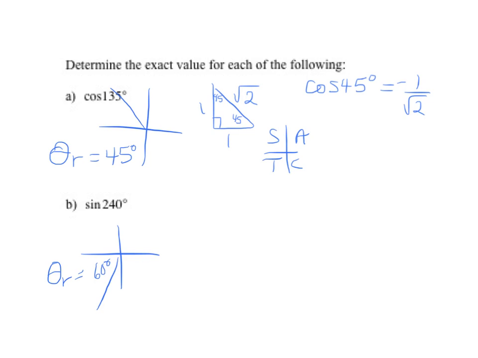And it's 60 degrees. So we need the other special triangle. This special triangle for this one looks like this: 1, 2, root 3 with 60 degrees down here and 30 degrees up there. You have that on your paper, but that's what it looks like. So we want to find the sine of the reference angle, so sine of 60 degrees.